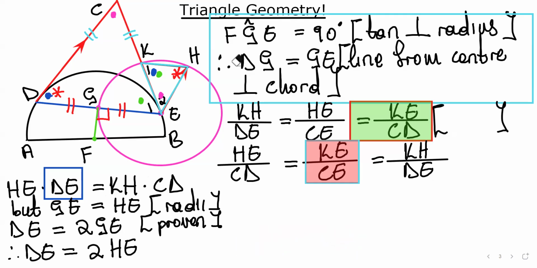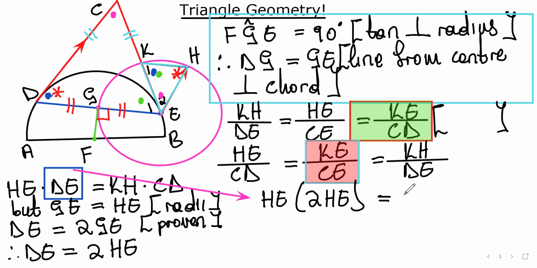Then we can now come and say, okay, fine, where to from this point? We now go back to this ratio and we expand on it. Then we say we have HE, but when we see DE, we now see twice as much HE.